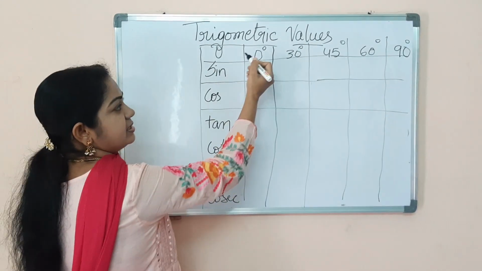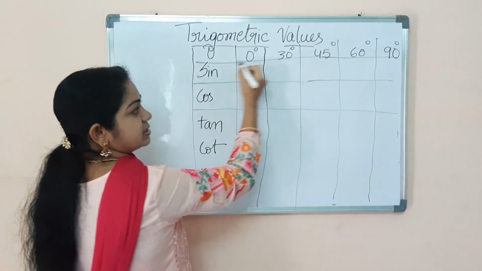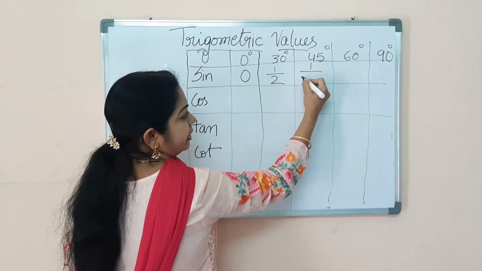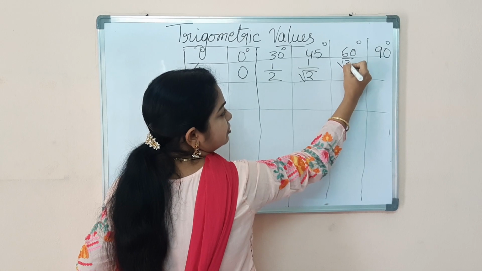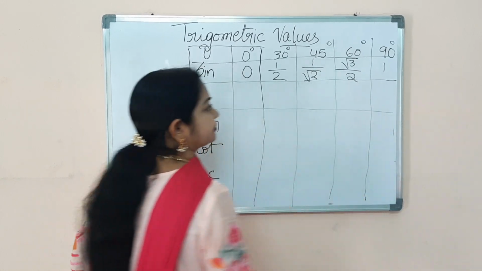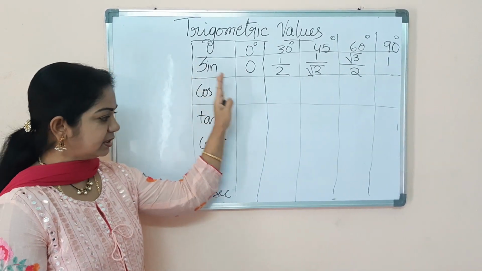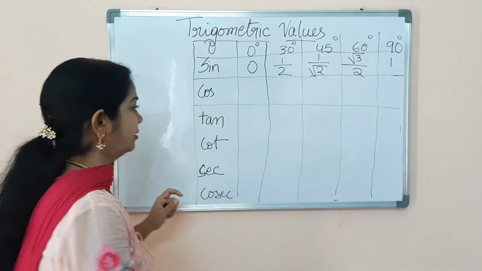Sine 0 degrees equals 0. We'll start with 0. Sine 30 degrees equals 1 by 2. Sine 45 is 1 by root 2. Sine 60 is root 3 by 2. And sine 90 degrees is 1. If you remember only this line of sine values, you can simply write the complete table on your own.